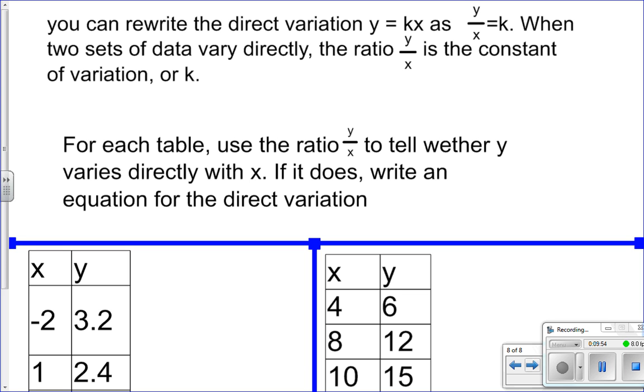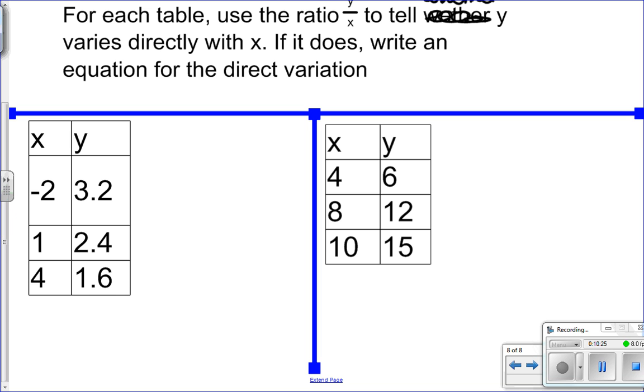So for each table, use the ratio y over x to tell whether y varies directly with x. If it does, write the equation for the direct variation.